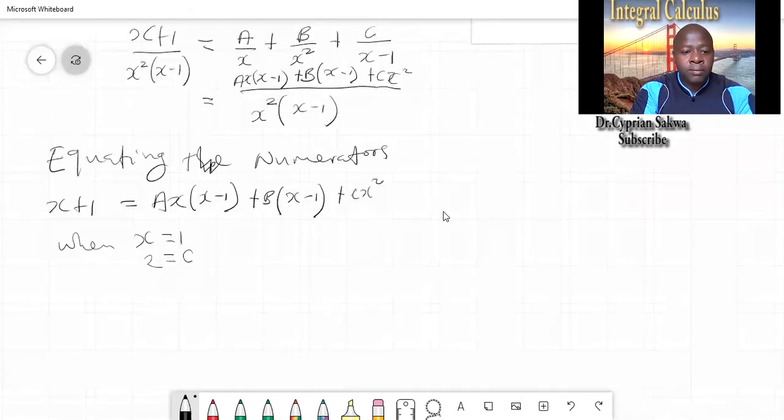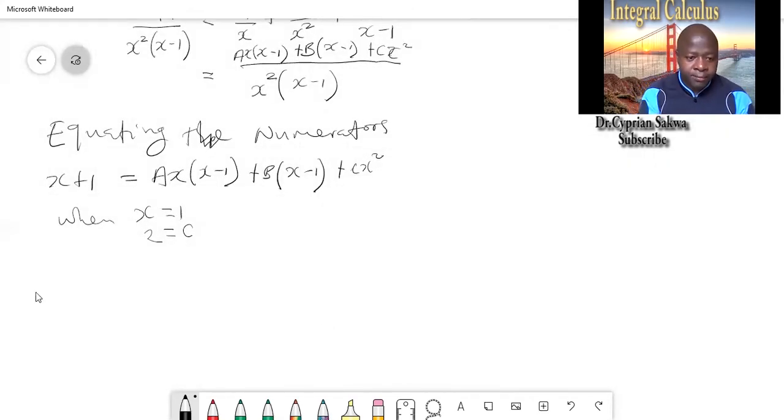c becomes 2. Let me find b. To find b, I only need to equate x to 0. When x is 0, the term with a will be 0 since it is 0 times a, and c times 0 squared is also 0.